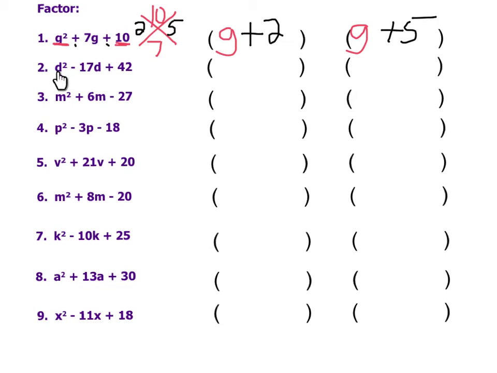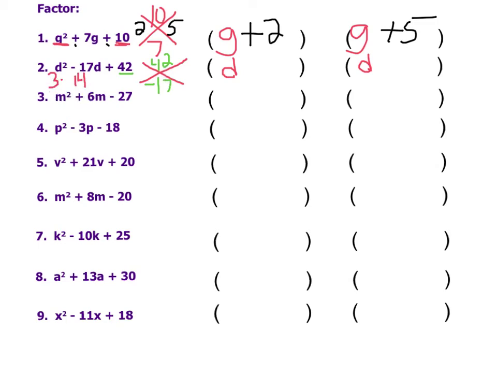Here we have d squared, so I need to write a d here, and I need to write a d here. Next, I'm going to make my x chart, and I need to say to myself, what multiplied by what is 42, but when you add it, you get negative 17. Now this one you might have to think about a little bit. I know that 3 multiplied by 14 is 42.